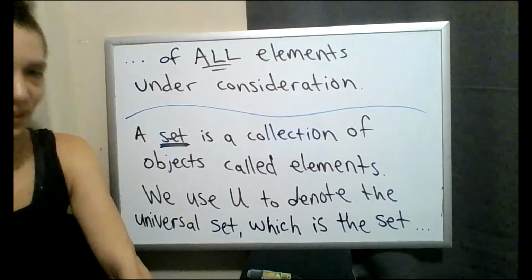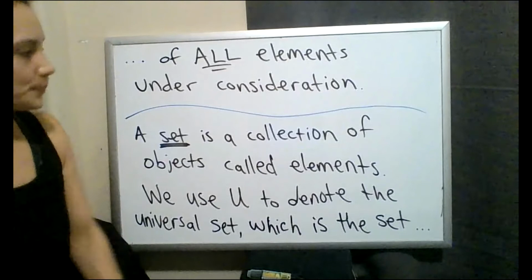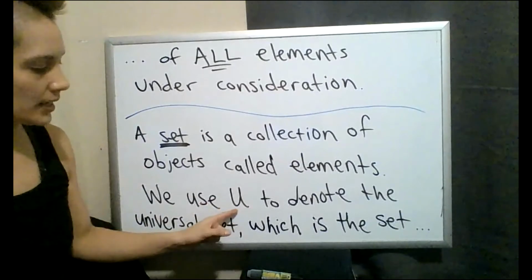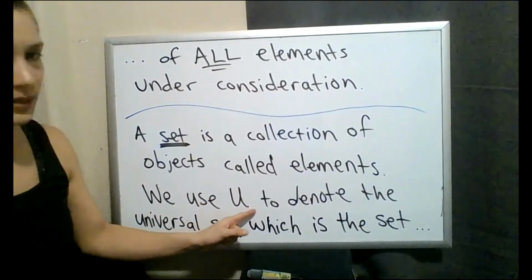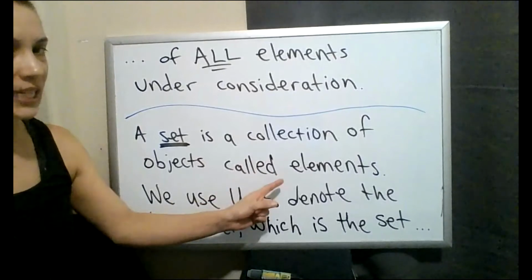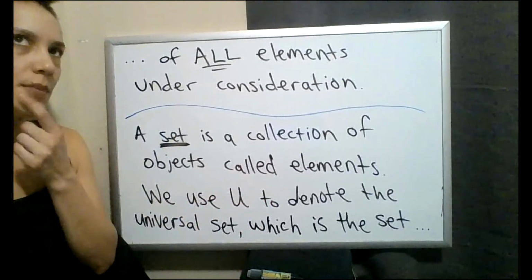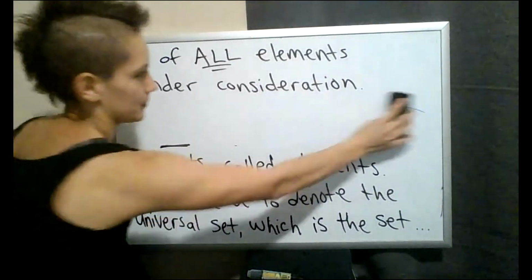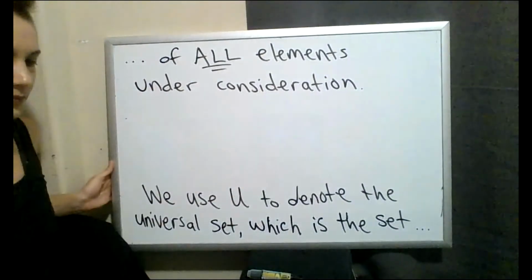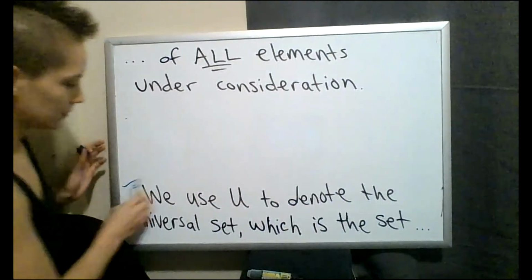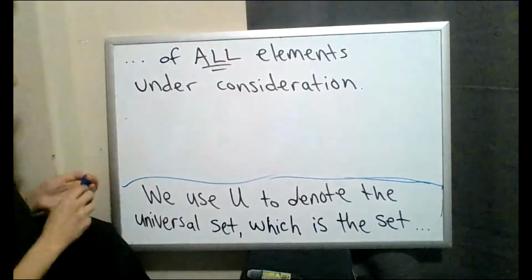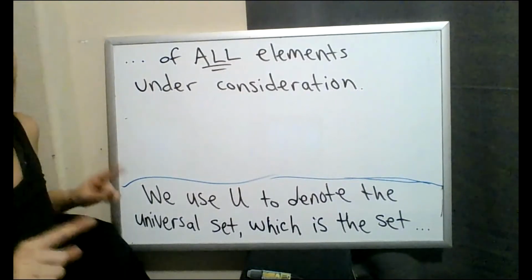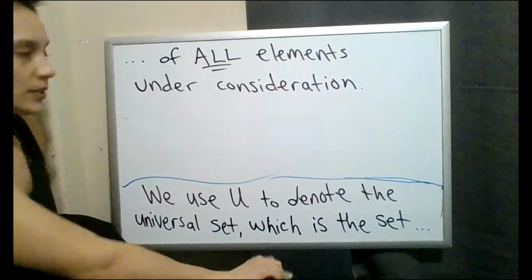Okay, a subset is a set. Let's call it a name. So usually capital letters will be for sets, and if the elements are letters, they're going to be lowercase. And we were talking about subsets. So we're going to say that capital A is a subset of capital U, the universal set.